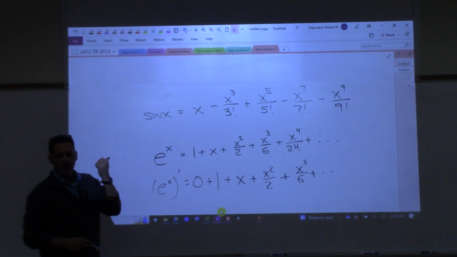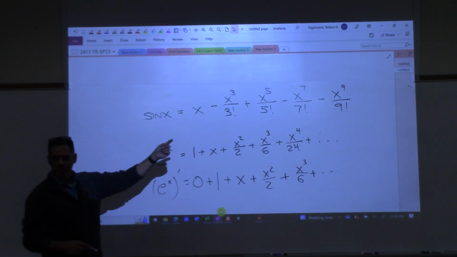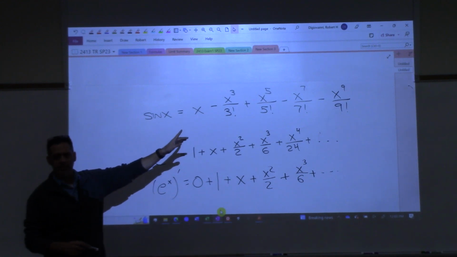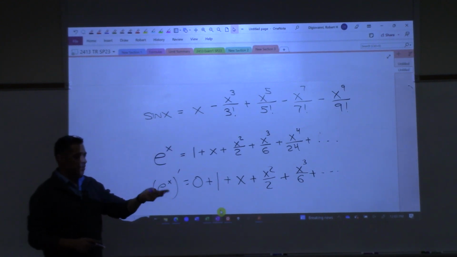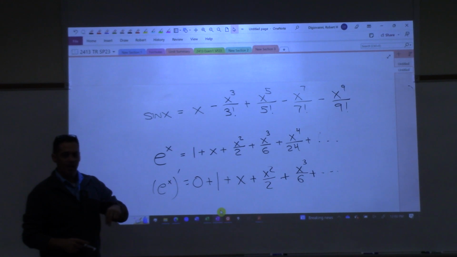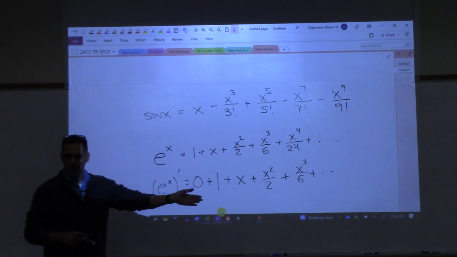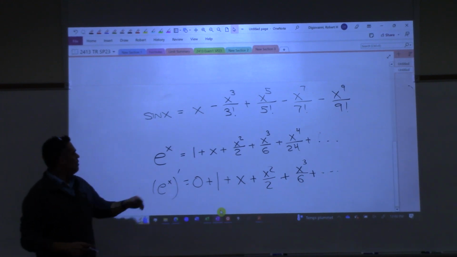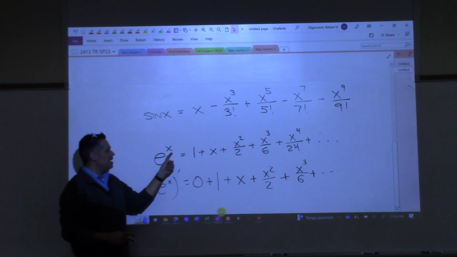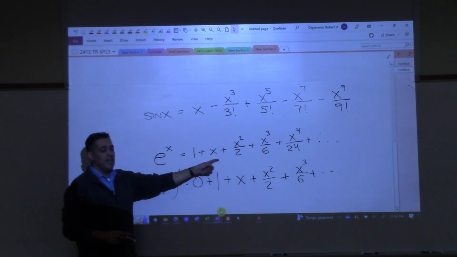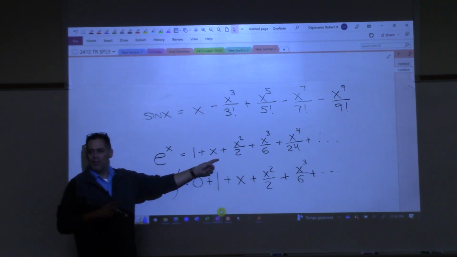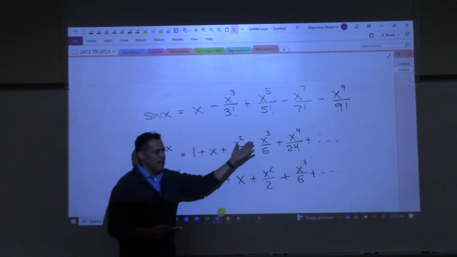Look at all the powers on the x's. They're all odd, right? And you're told cosine is an even function? Well, guess what? Its Maclaurin series has nothing but even powers of x. In fact, that's the new definition of even and odd in this class, that even means its Maclaurin series has even powers. So is e to the x even or odd? Neither. You don't have to be one or the other. It has both odd and even, right?